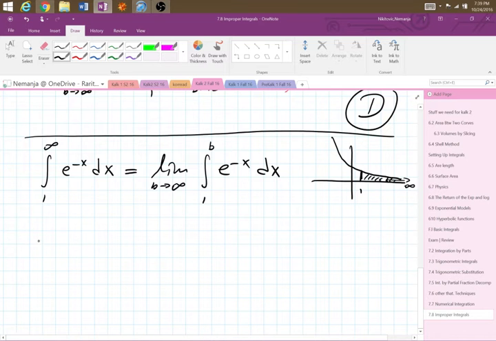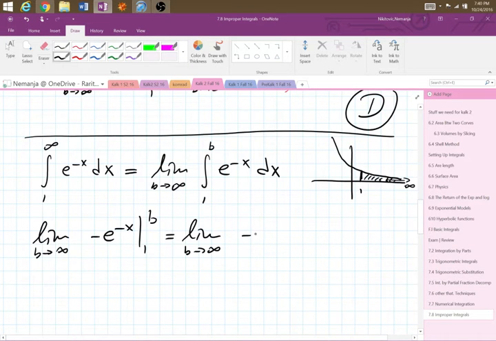But we do the limit as b goes to infinity. The integral of e to the negative x is negative e to the negative x, computed from 1 to b. We have the limit as b goes to infinity of negative e to the negative b plus e to the negative 1, because I have the negative there.